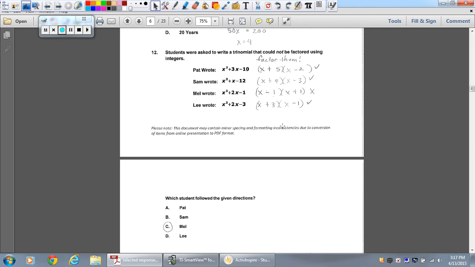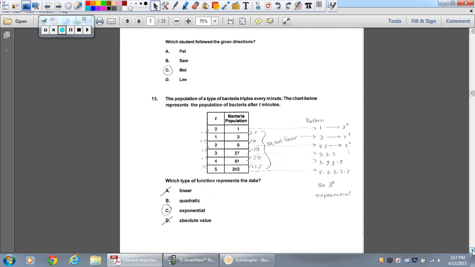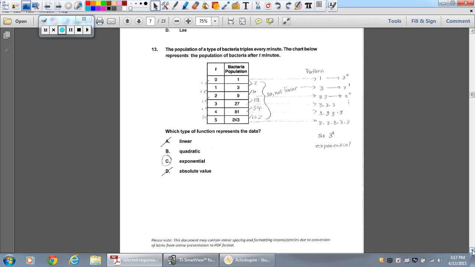So I factored them, and since we weren't supposed to be able to factor it, I realized there was no way I could get a positive 2 when I was multiplying a 1 by 1 to get a negative 1. So there was no way to do that one, so Mel was correct. Number 13.